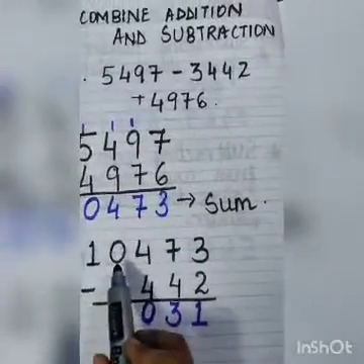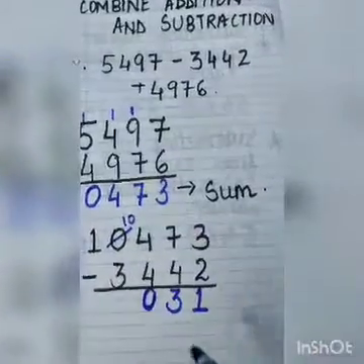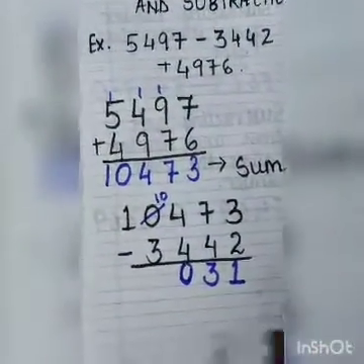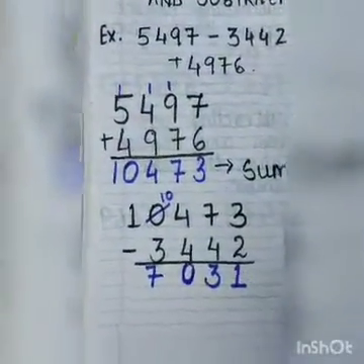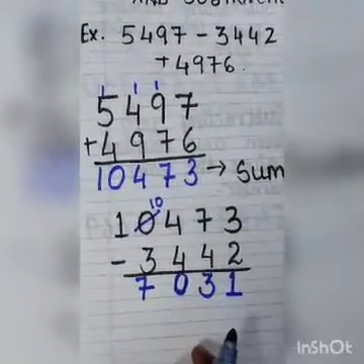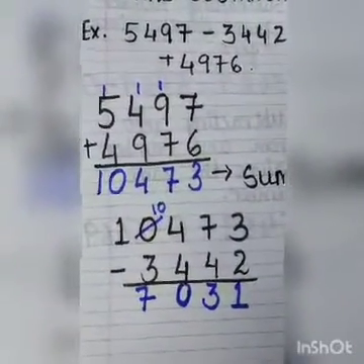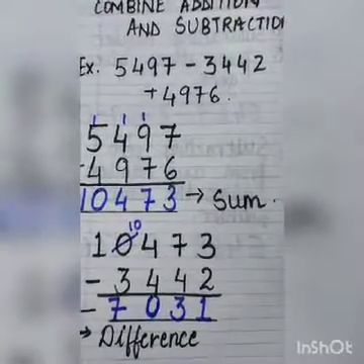So this will become 10. 10 minus 3 gives us 7. So the difference or the answer for this sum becomes 7031. So here 7031 is the difference.